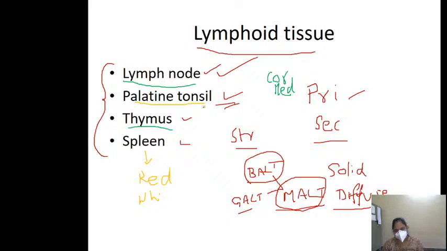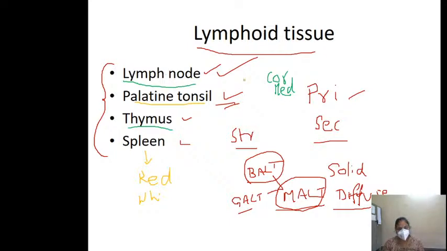I am discussing this histology revision class especially for examination purposes, not for theory, because you can read that from the books and your previous classes, right? How to differentiate the lymph node, palatine tonsil, thymus and the spleen.